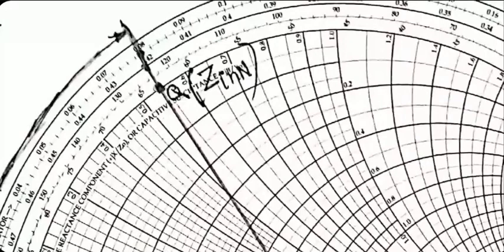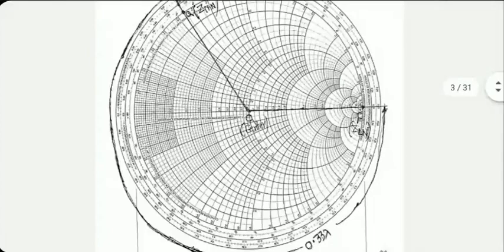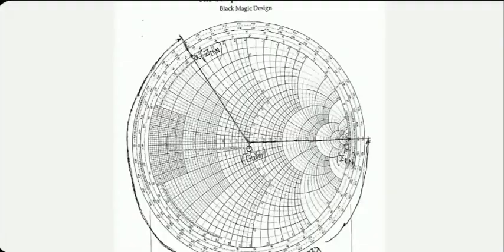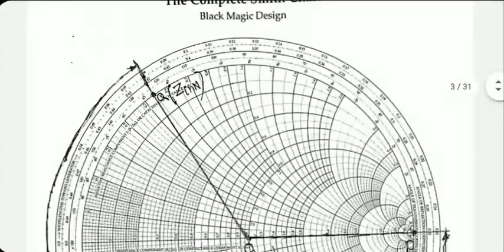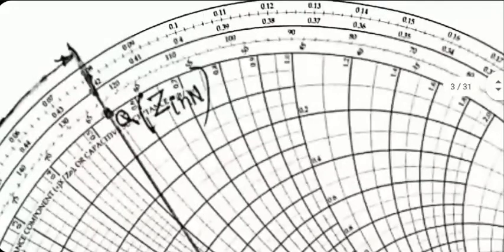Now for input impedance calculation, what we do is we see this second line and where it hits the circle which was representing P. That is the outermost circle. So you see on the outermost circle where this line cuts and mark that point as Q. This point Q represents the input impedance normalized.